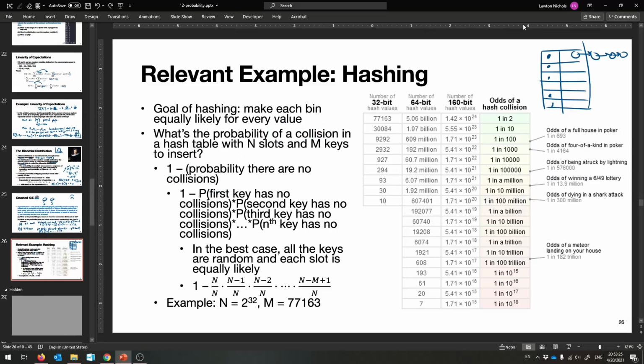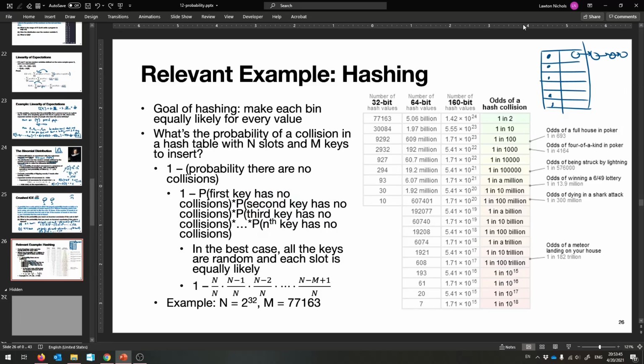And so this is 1 minus, well, it's the probability that the first key has no collisions, which is perfectly likely always, assuming the table is of non-zero size, and then that's times the second key has no collisions, times the probability that the third key has no collisions, on and on and on, until we have the probability that the nth key has no collisions. Okay?